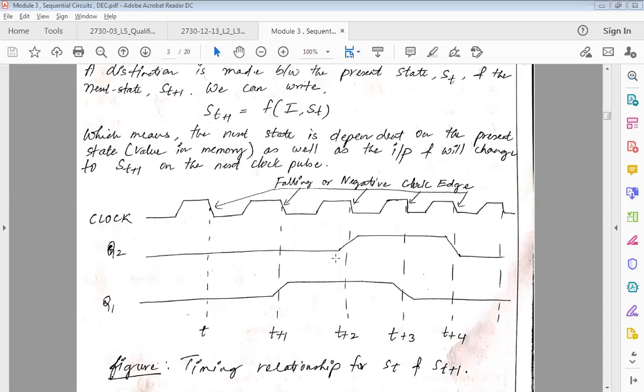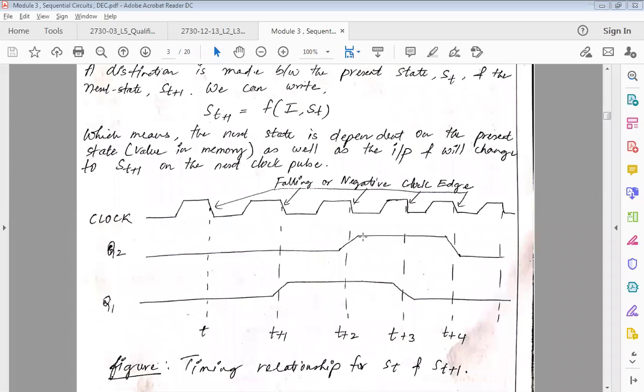Now let's have a look at the clock signals and your Q1 and Q2. My clock, as I told you, is a synchronous train of pulses. A train is a series of pulses. It has its lows and highs, and going from low to high is called the rise time. Going from high to low is called the fall time. This is called your clock edge, and this is called your negative clock edge, sometimes also called a falling clock edge.